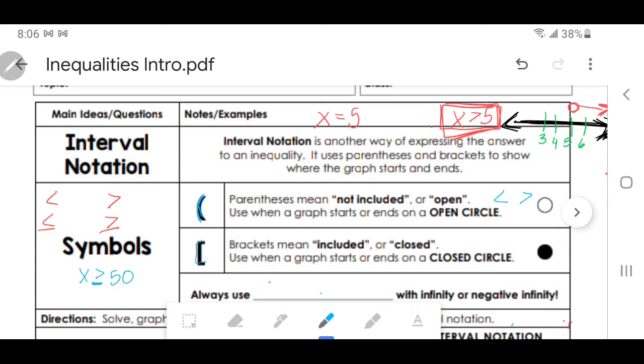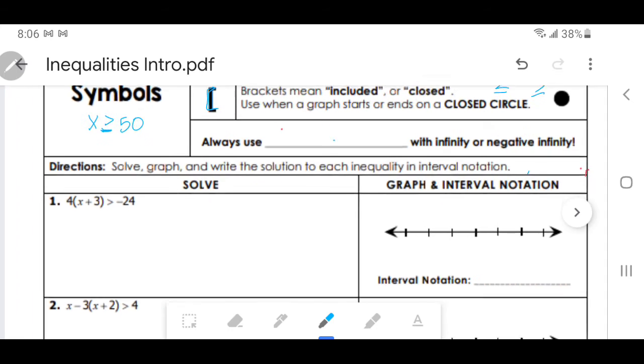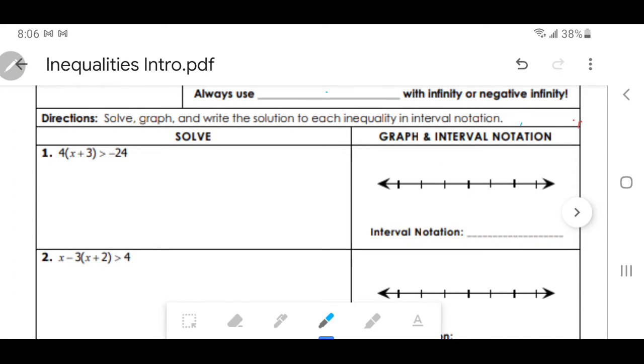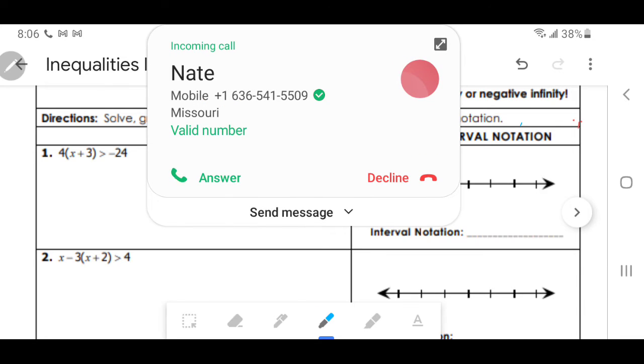A bracket will mean that we have a less than or equal to or the greater than or equal to, okay? So let's go ahead and do a few of these examples. Okay, so first we're going to solve our inequalities, and then we're going to express the answers in 2 different ways. We're going to graph it, and then we're also going to express it using interval notation.